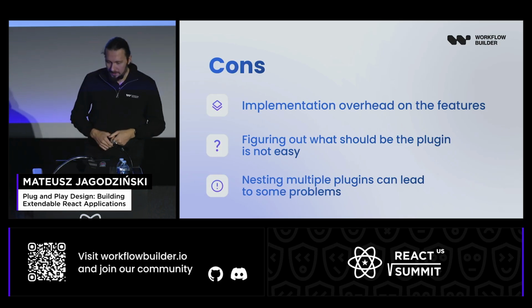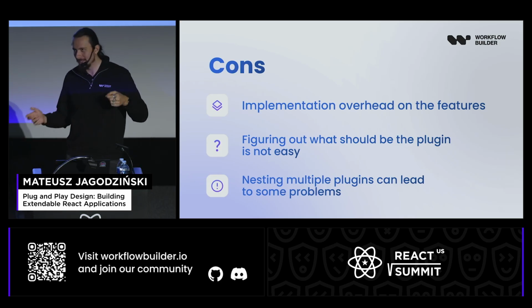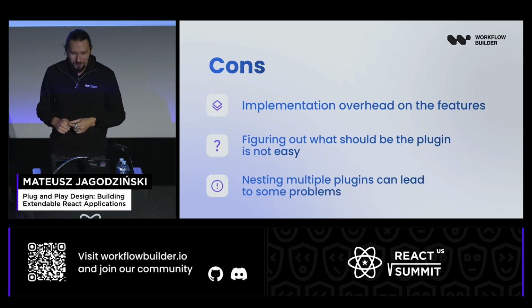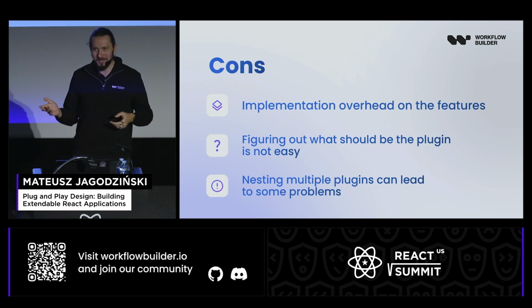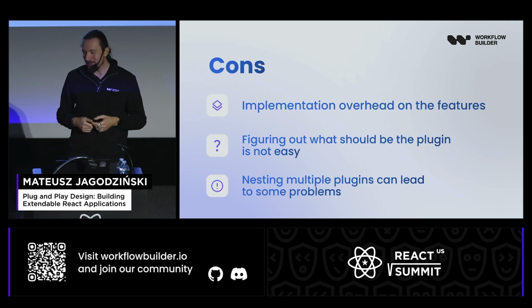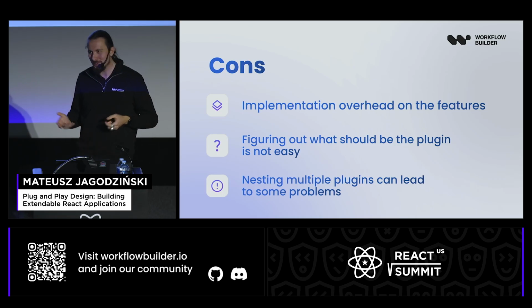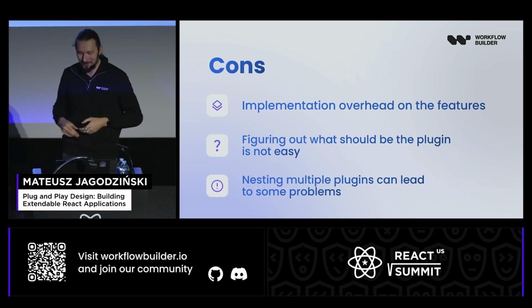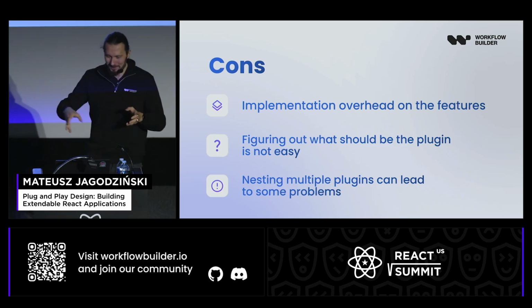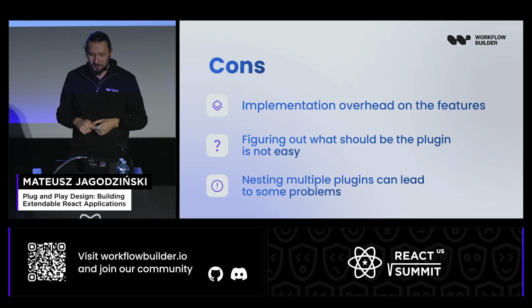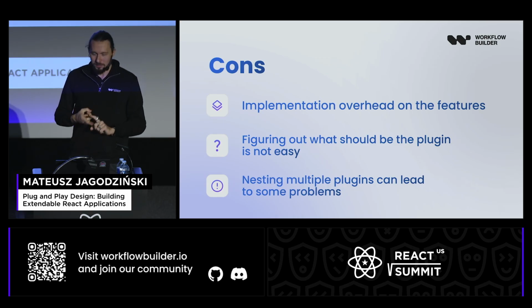But of course, there are some not so great things about this solution. Obviously, there's some implementation overhead on the features. When implementing a single feature, it probably would be much easier to just skip all this plugin stuff, just put in a couple of new components, and not worry about using those wrappers and putting all this code in a specific place.